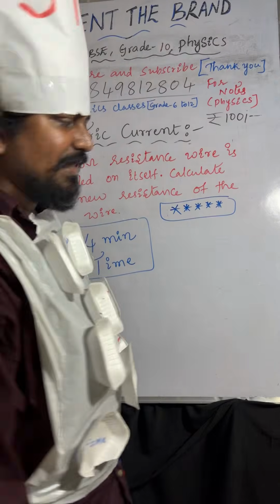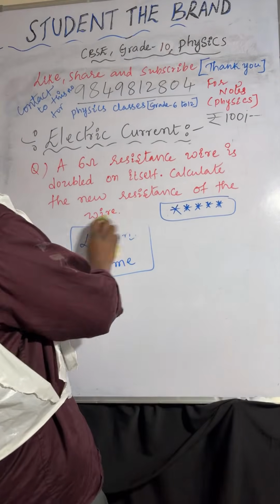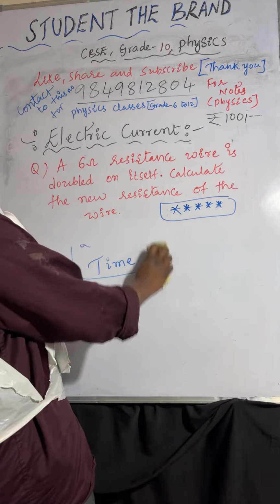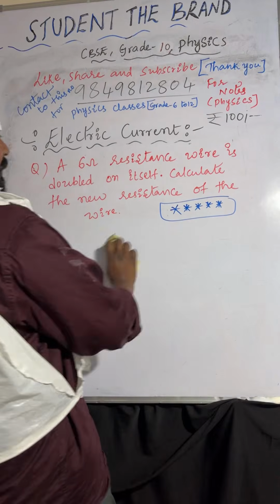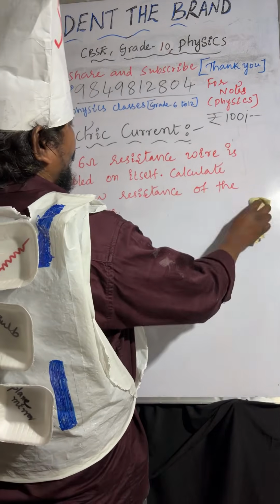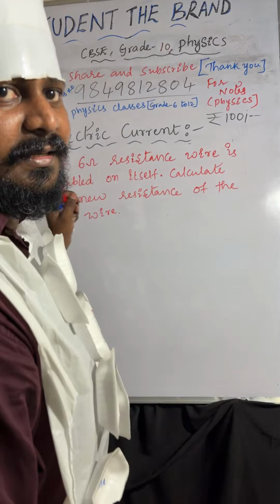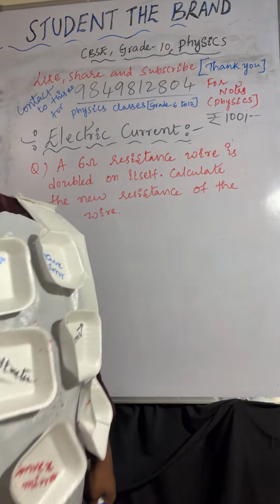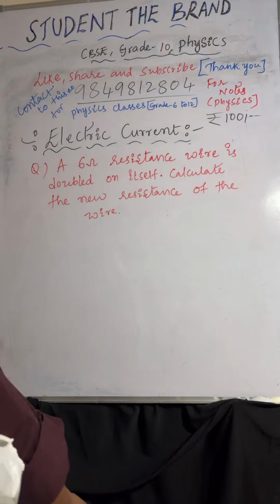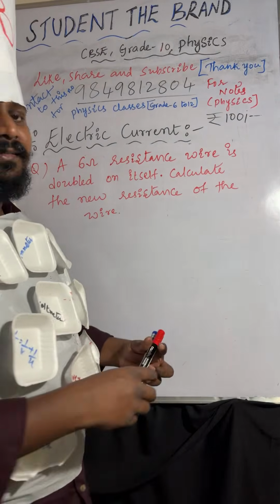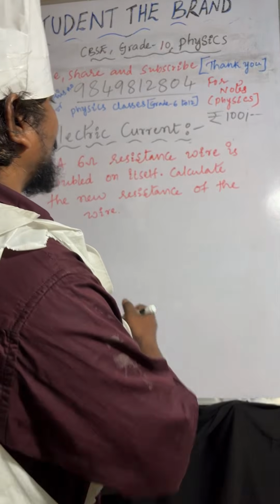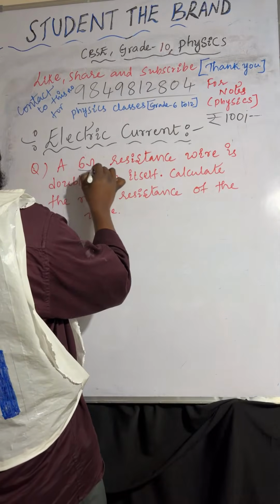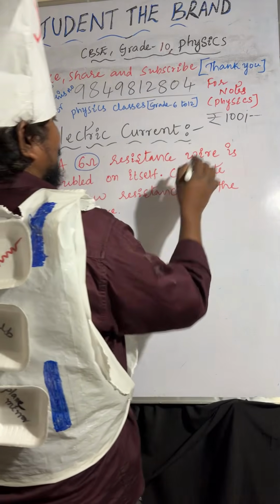So actually it is a very simple question. Why are people making it like that? So very easy, right? As I mentioned, you have to read the question twice, thrice, until you get it. Simply if you don't follow that, you will not get it. See, they mention a 6 ohm resistance of the wire.